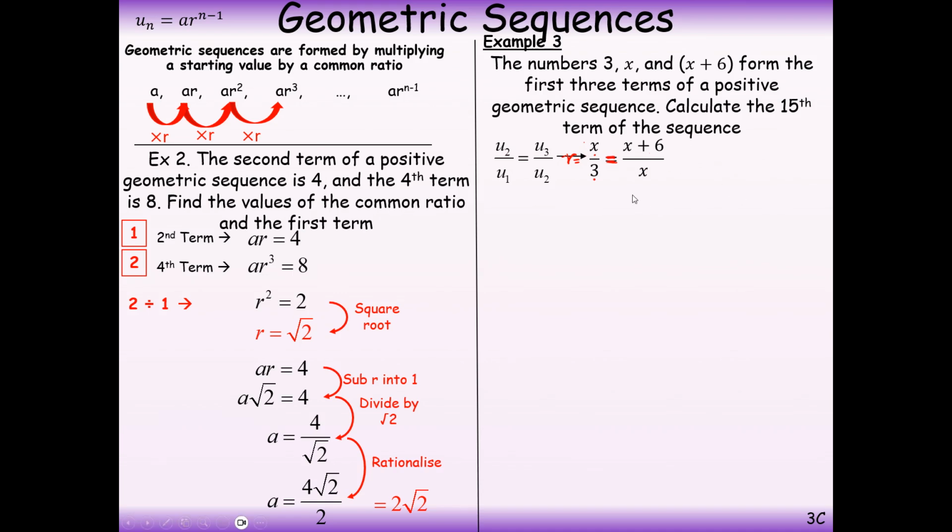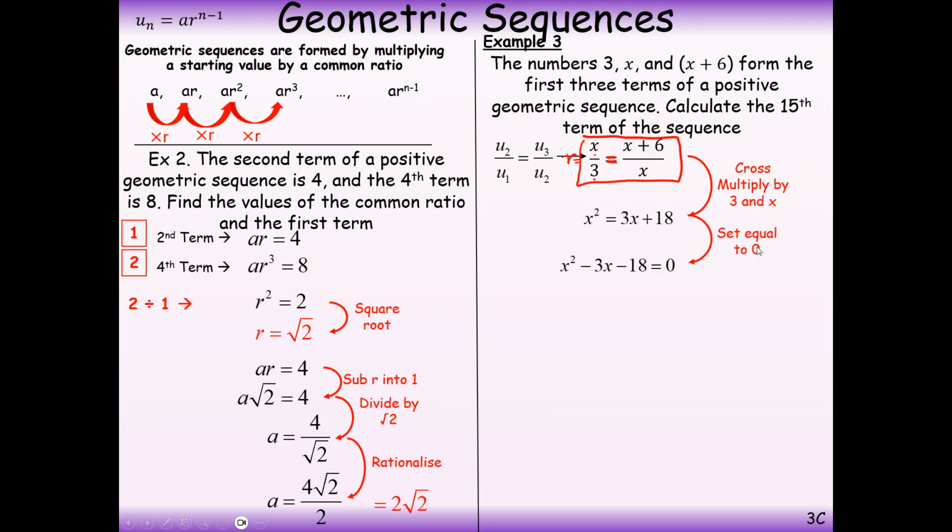So solving this equation for x, what we get is a quadratic, because we have to multiply both sides by x and 3. Solving that for the value of x, we're going to have x equals 6.